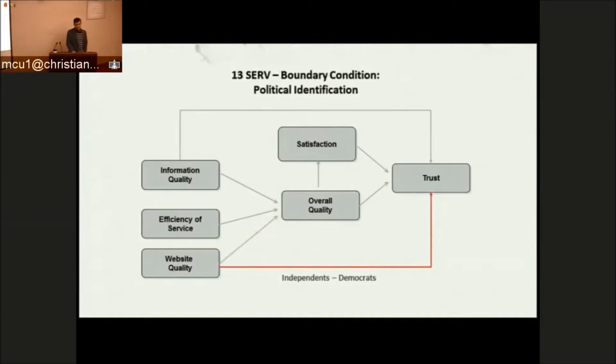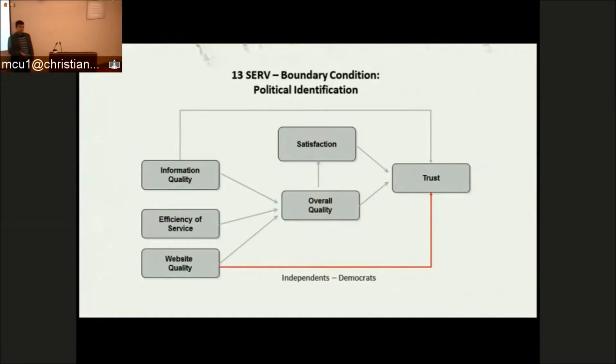The other thing, and this is one of the more politically charged things that we found, and the data are telling me this, I didn't say anything, so I don't want to get into a debate, is that the website quality to trust link was different for independents and Democrats, and independents and Republicans. In other words, independents' perception of trust suffered more due to website glitches than Republicans' or Democrats'.